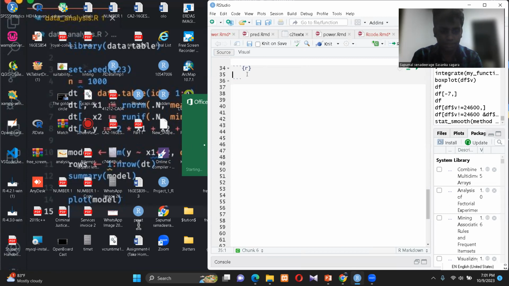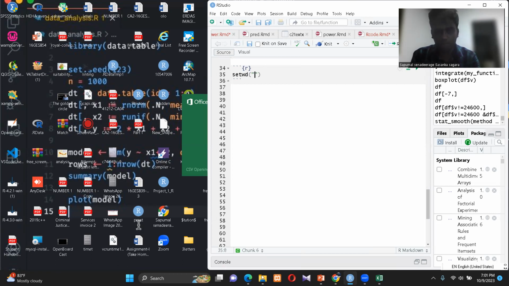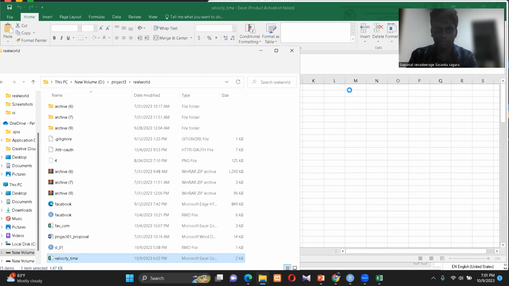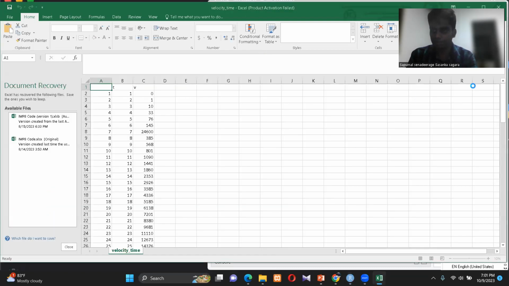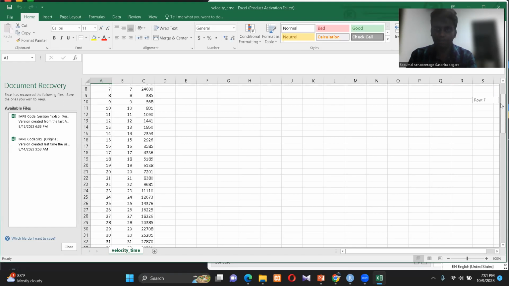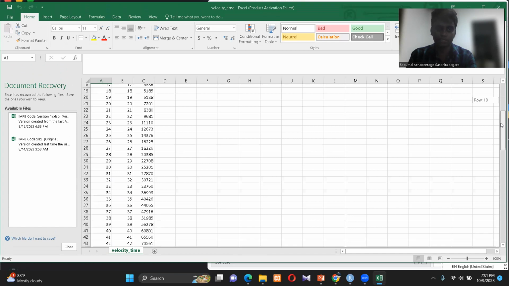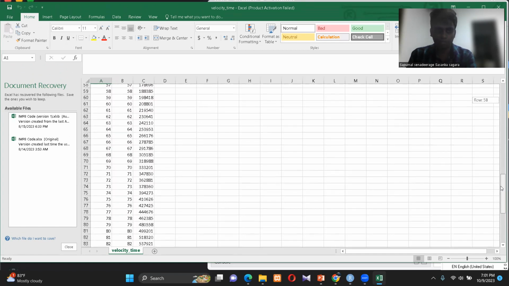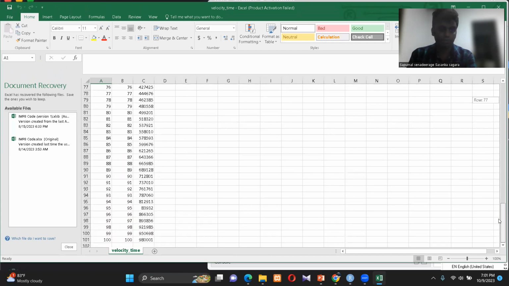Let me set the working directory. Okay, this is the dataset, which is a very simple one compared with my earlier data frames, right? So I will highlight a couple of important things using this analysis. I think this will be helpful when you deal with such a data frame.